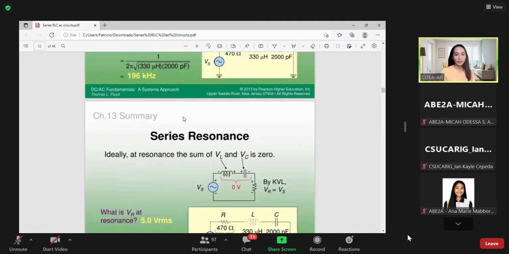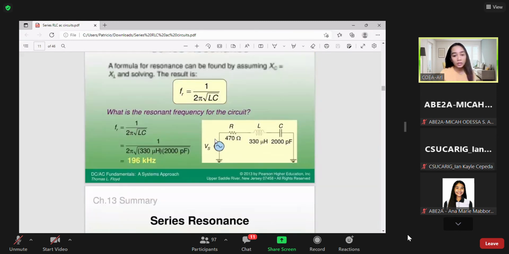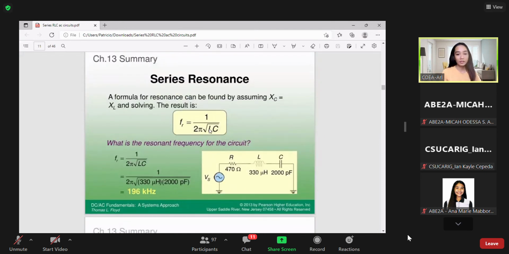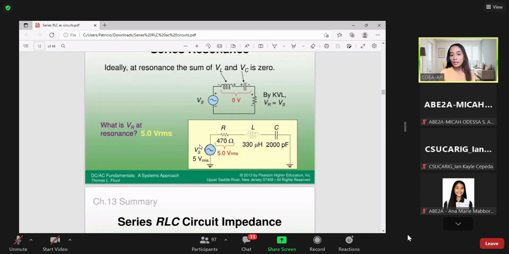Okay. So here I will just want to deliver the under resonance. We have a different way to solve for the resonance frequency. May iba siyang form of the frequency solution. Bakit? Kasi under resonance, X sub C is equal to X sub L. Kaya medyo kakaiba yung pagka-solve ng frequency niya. Hindi ito kasali sa quiz nyo.